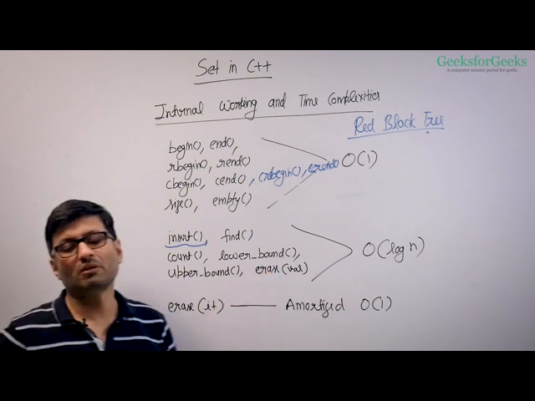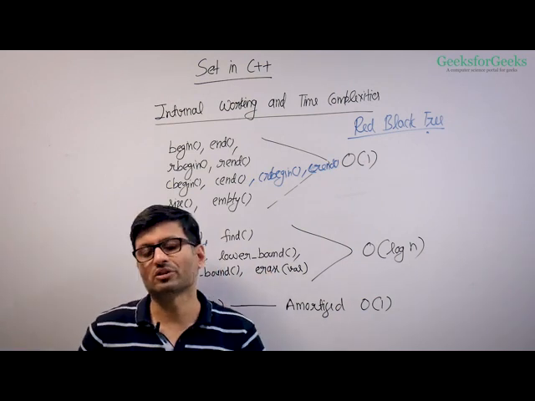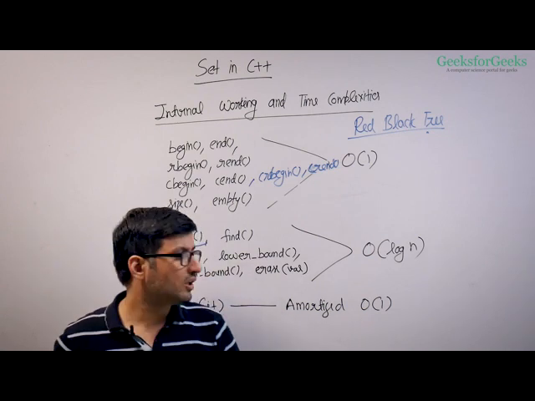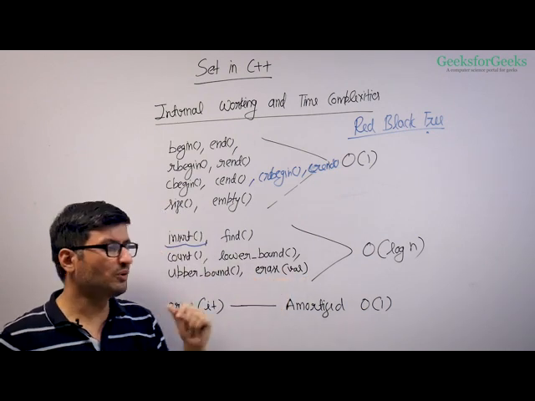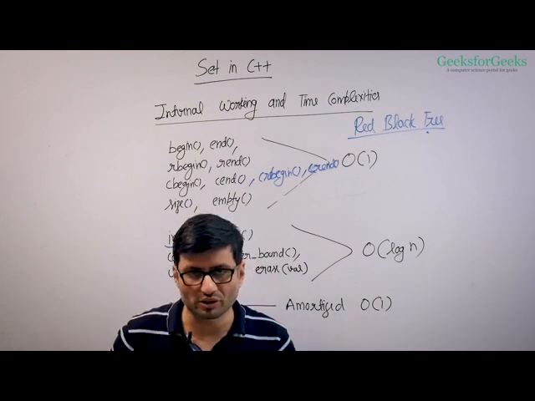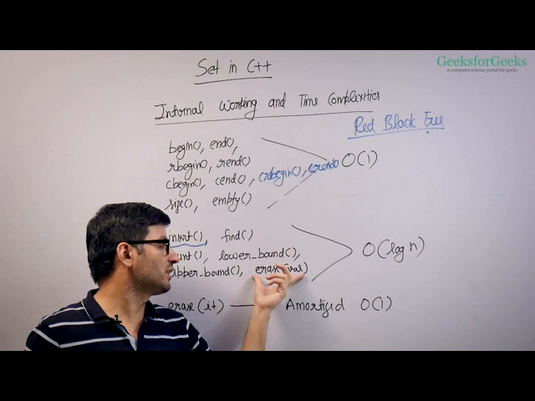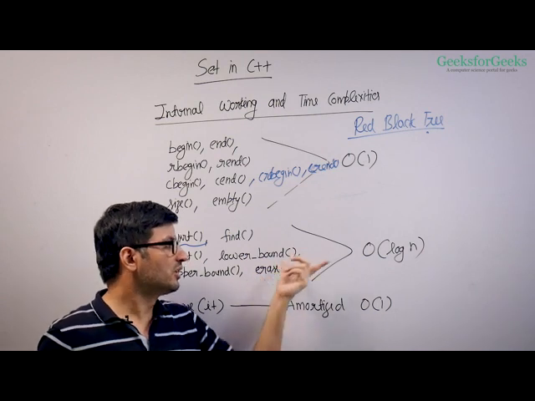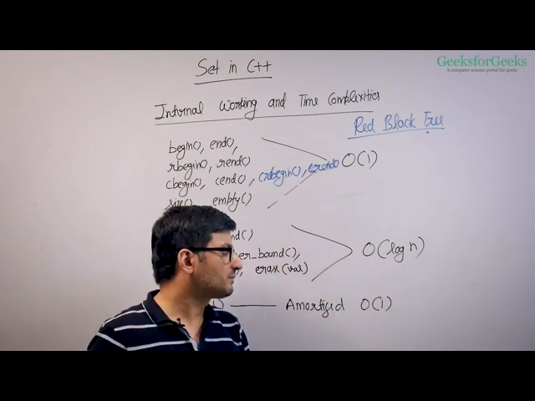Erasing a value. For erasing a value, you need to search it. So it's big O of log n. One extra note about erase: if you pass a value which is not present in the set, then it simply ignores it. If you pass a value, then it finds that value and erases it. So all these operations are log n.